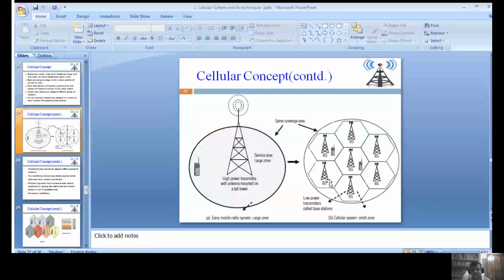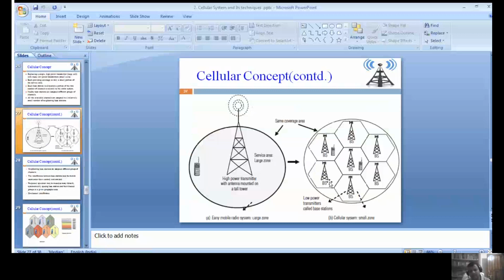Here in the cell site, the cell tower has transmitting and receiving antennas and a power unit. To work the telephone tower, we have to give some power.